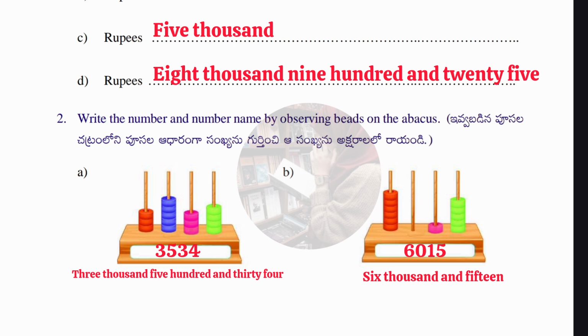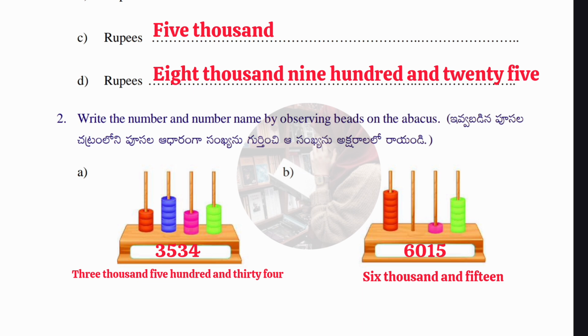Write it down in numbers, 3,534. Now we'll see the second abacus, in which we have 6 beads in the thousands rod, no beads in hundreds, 1 bead in the tens rod, and 5 beads in the ones rod. So the number is 6,015. Write down in words 6,015.